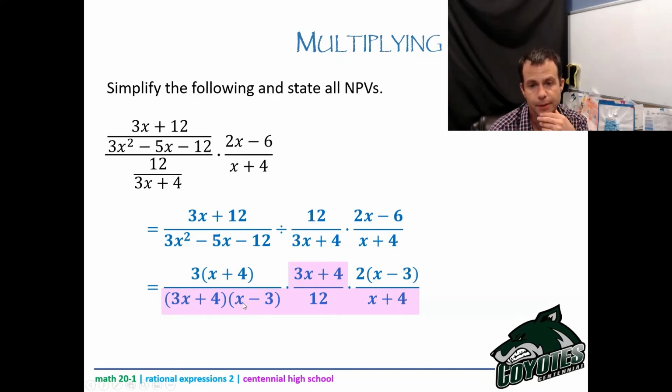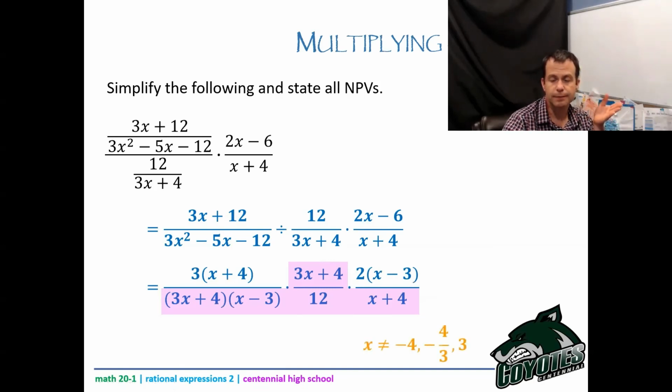Here, x can't be 3. 12 is inconsequential. There's no variable with it. This is negative 4 over 3 again. I've already taken care of that. And then this would be negative 4. Okay, so overall I have 3 NPVs, negative 4 over 3, 3, and negative 4. Okay, so x can't equal negative 4 over 3, 3, and negative 4.